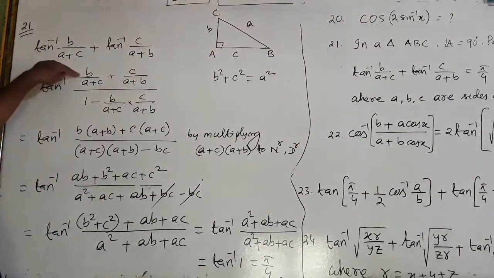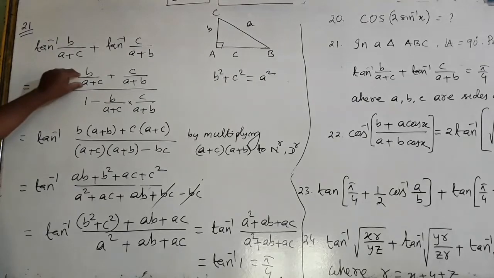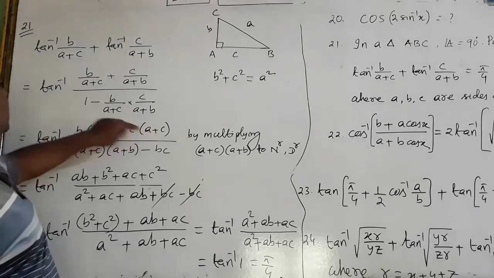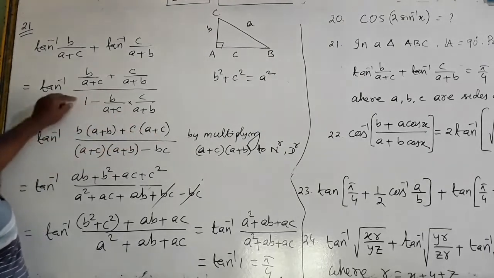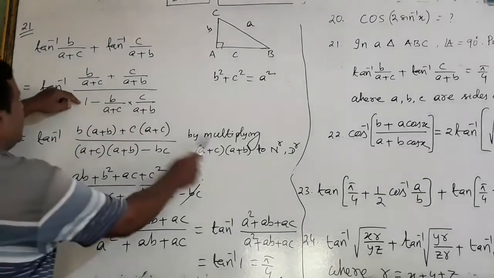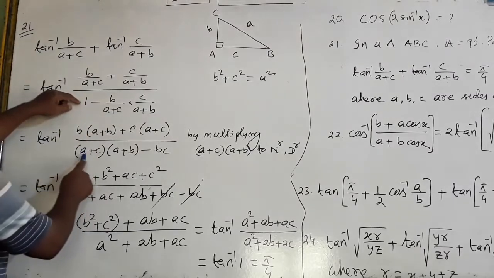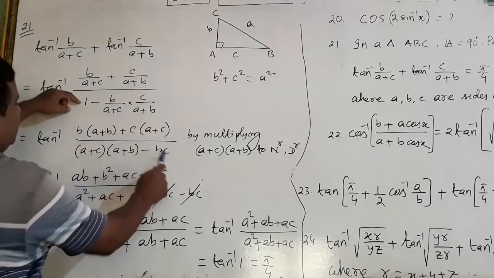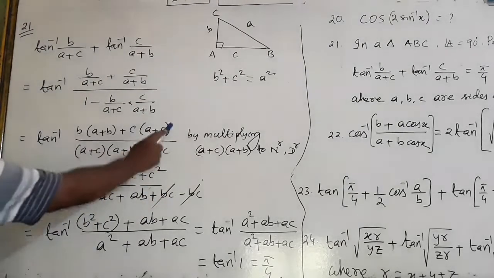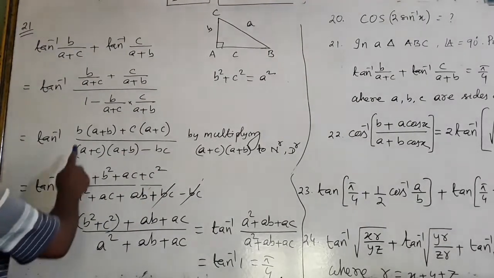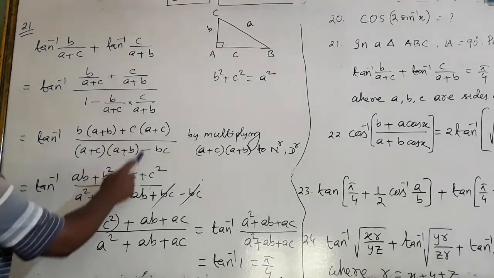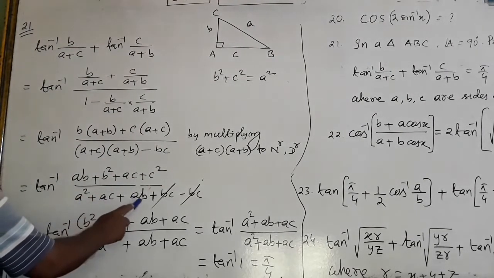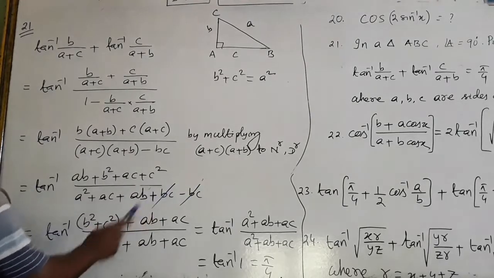The terms cancel, only bc will be there. If you multiply it, it becomes ab plus b square plus ac plus c square by a square plus ac plus ab plus bc minus bc, so they cancel.